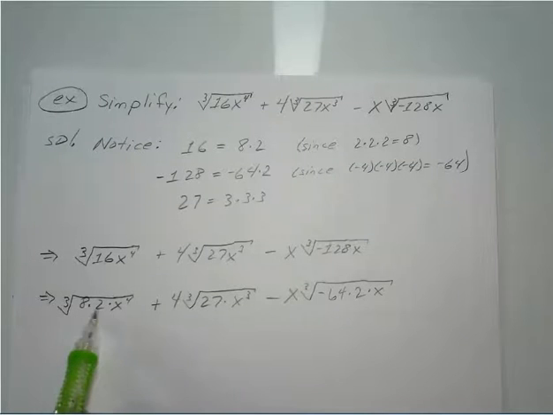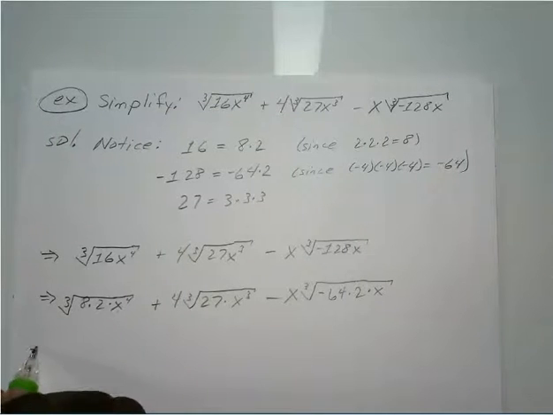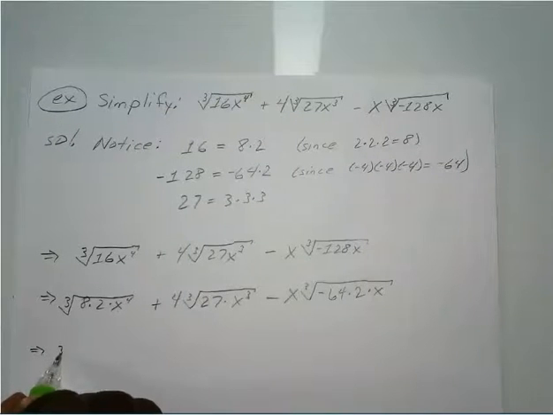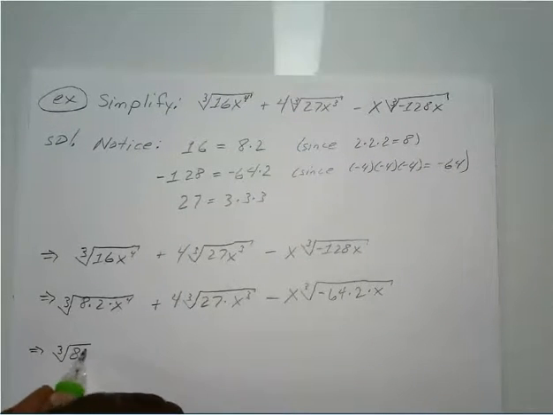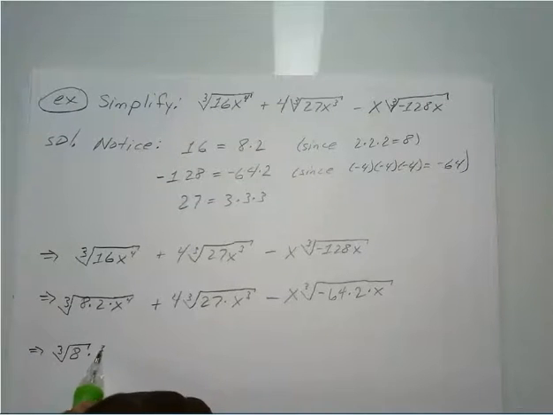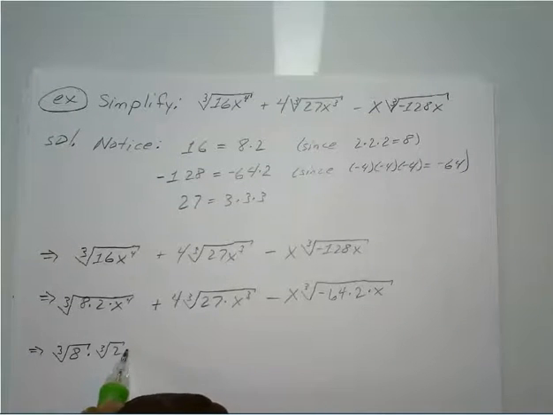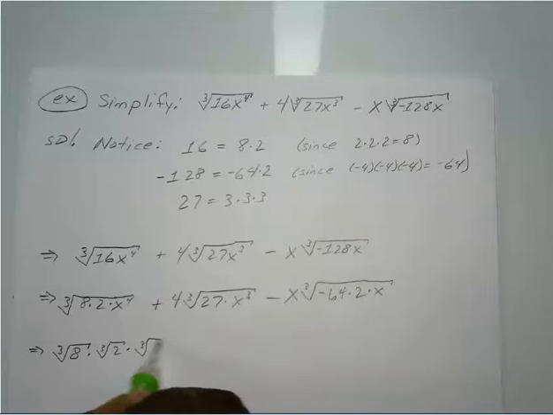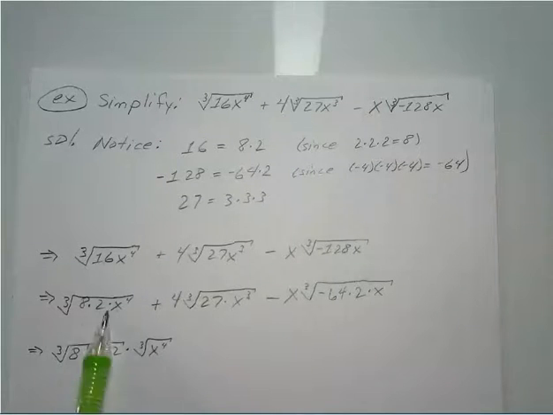Okay, so now we can go ahead and separate these. The same way you could separate 2 factors, you can do the same thing with 3 factors, and just separate those into 3 separate cube roots. So we have the cube root of 8 times the cube root of 2 times the cube root of x to the fourth power. All we did was separate that.